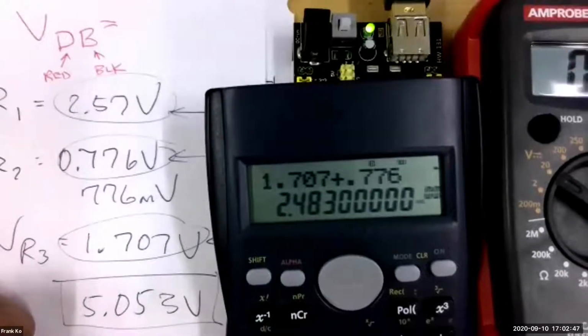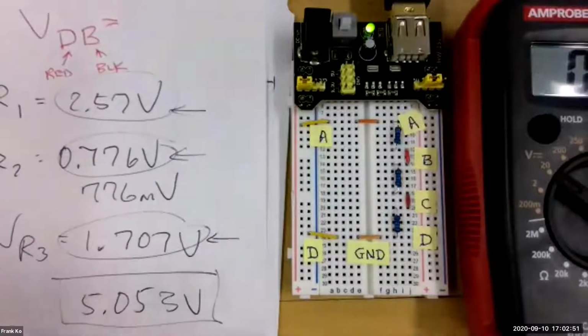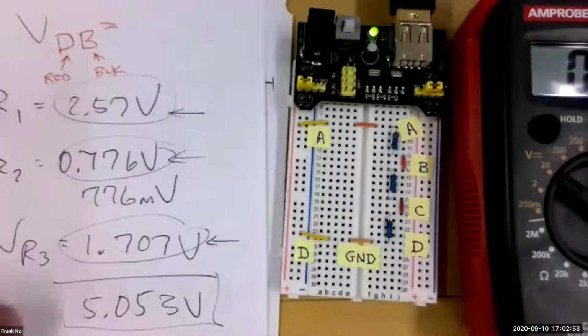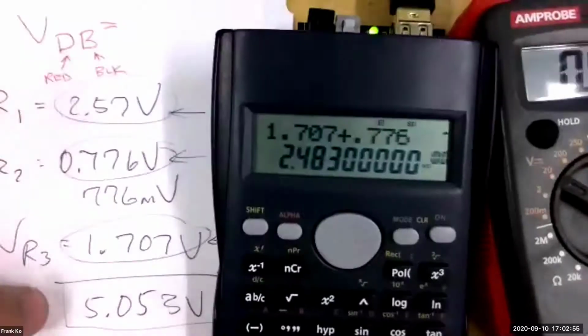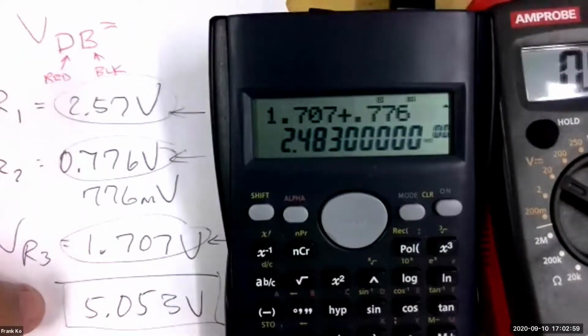Is that what you get also? Now, is it going to be 2.483 volts? That's what we calculate. Is that truly what it's going to be? Mr. Brad, what do you think? It might be.